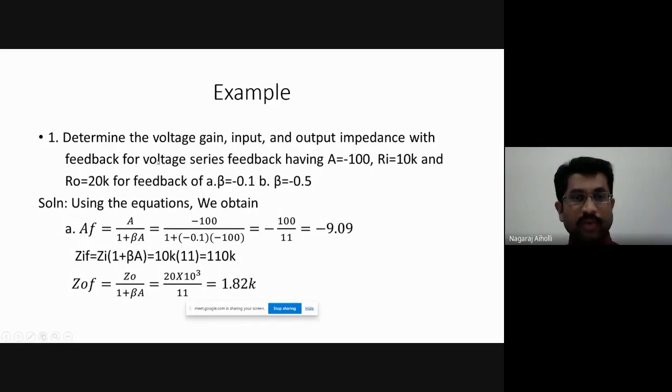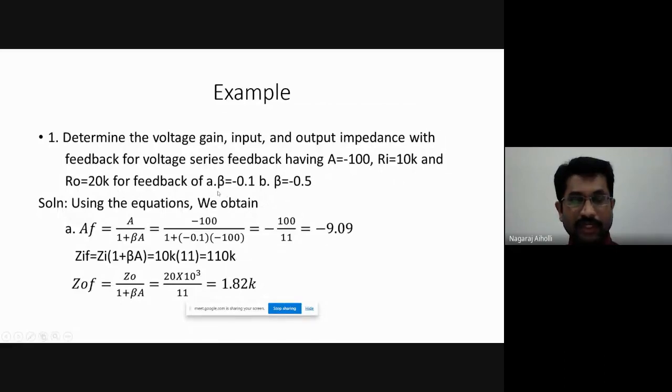For the voltage series feedback amplifier, the gain A is given, the gain without feedback. A is equal to minus 100, and Ri is nothing but the Zi without feedback, it is 10K, and R0 is nothing but Z0 without feedback, that is 20K. And beta values are given.